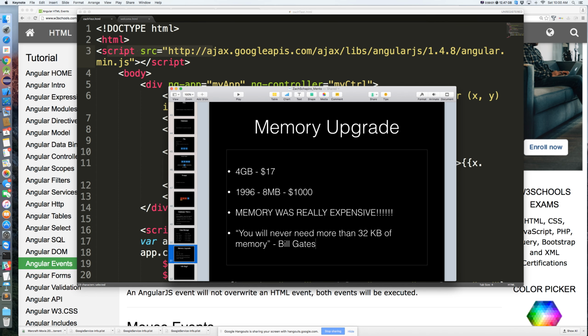All right, so that kind of shows you the growth of computing. But memory used to be really expensive, as I mentioned before. It was even more expensive years before that. Years before that, $1,000 may have gotten you 4 kilobytes of memory. Four, 4 kilobytes of memory.